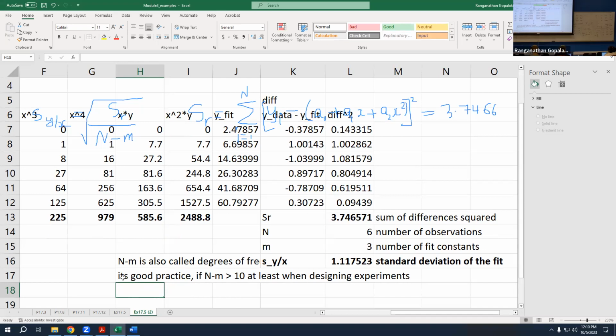Who can explain or who can comment about this sentence I put in here? It's good practice to have at least 10 degrees of freedom when you are doing experiments. Have you taken any lab course yet? Fluids lab, heat transfer lab.